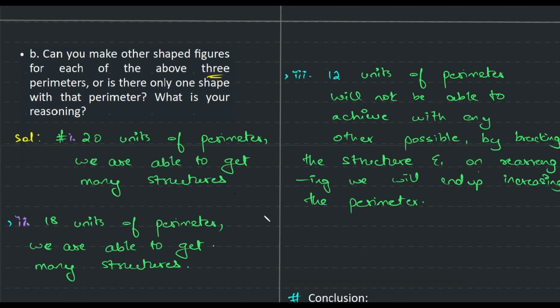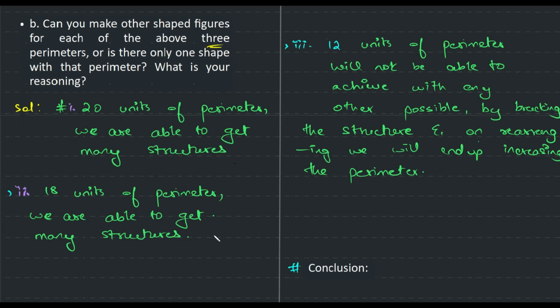That's what we are able to conclude over here. In some cases we can't cross a certain value. With 20, we can't cross 20, but we can have different structures. With 12, we can't have a different structure, and we can't go lesser than 12 because that's the least amount of boundary that you can enclose.